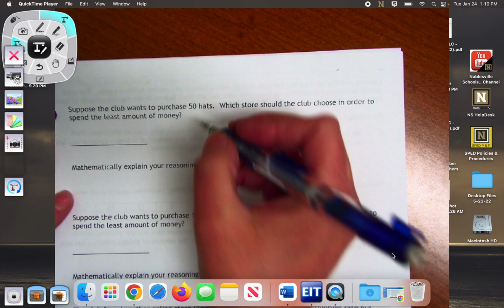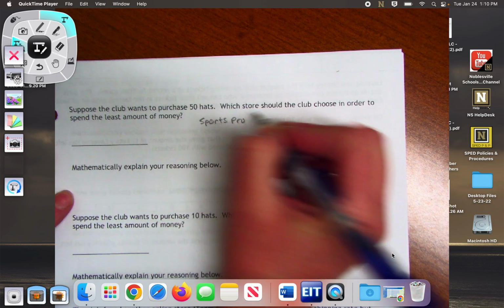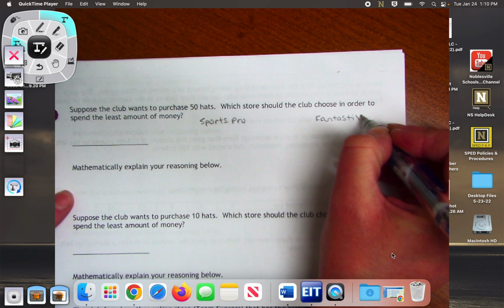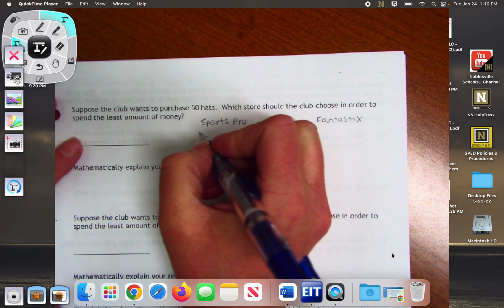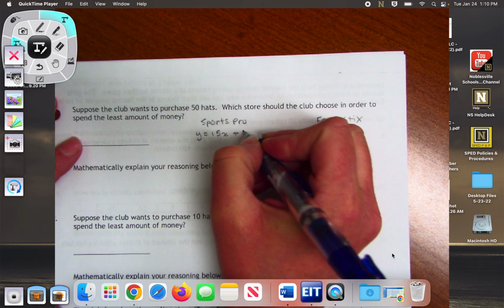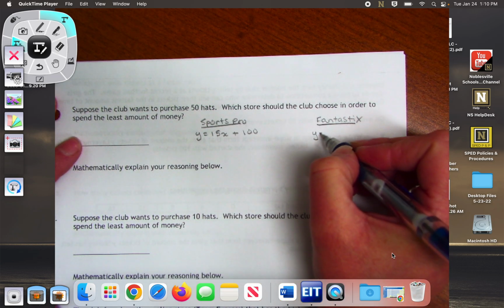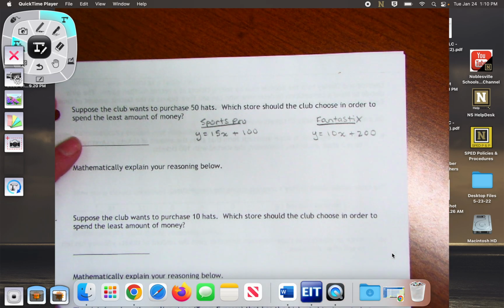So we've got Sports Pro and we've got Fantastics. Sports Pro is $15 per hat plus $100, and Fantastics is $10 per hat, but it's $200 to ship.